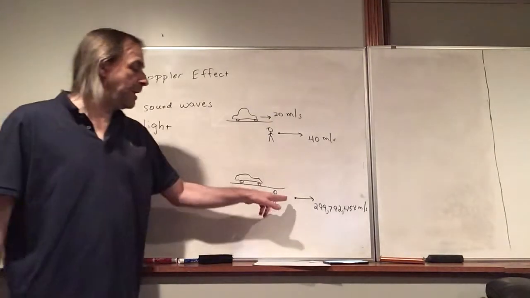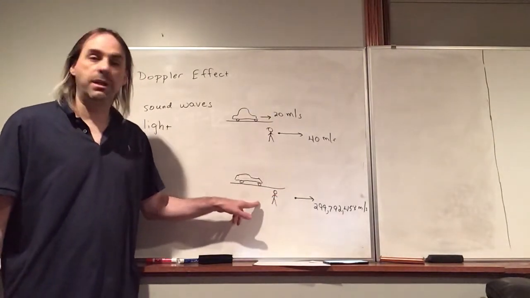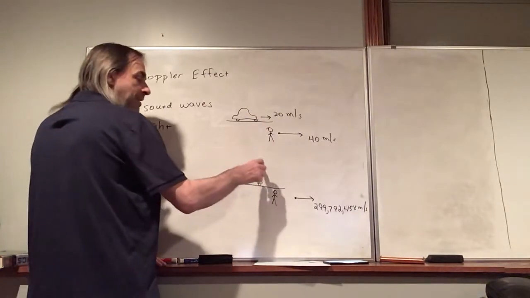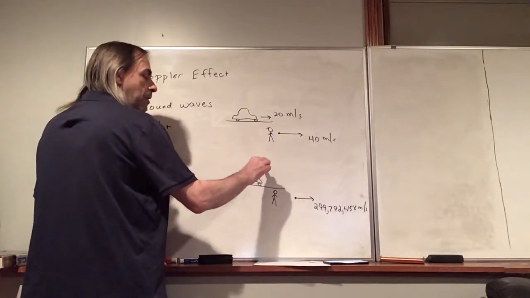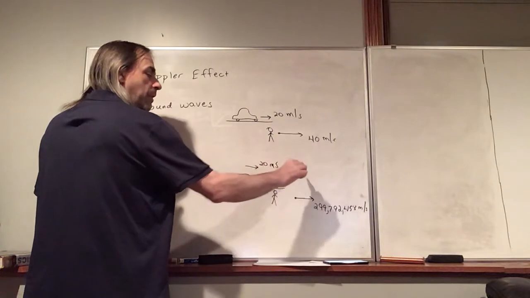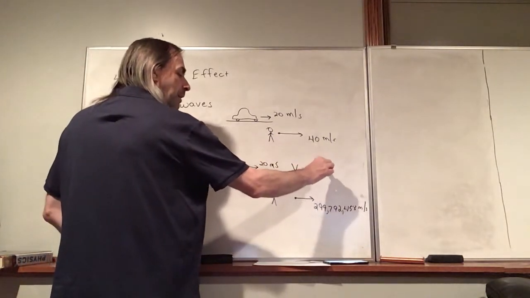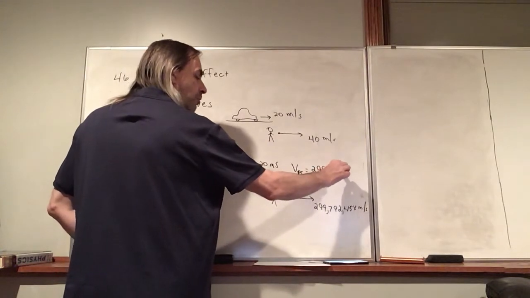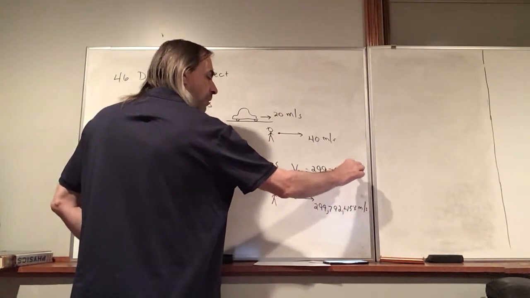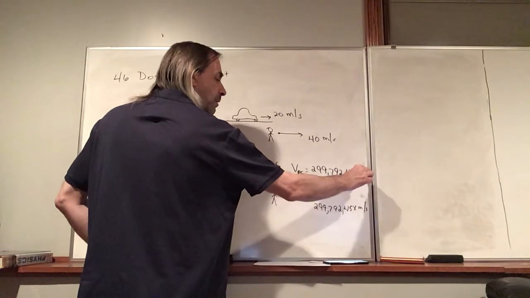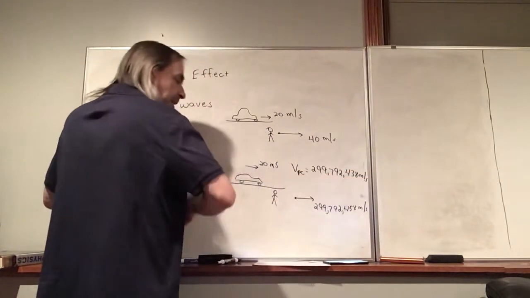So this is the speed of the photon away from the person. Now you might think if the car is moving 20 meters per second, the speed of the photon relative to the car would be 299,792,438 meters per second. But that is wrong.